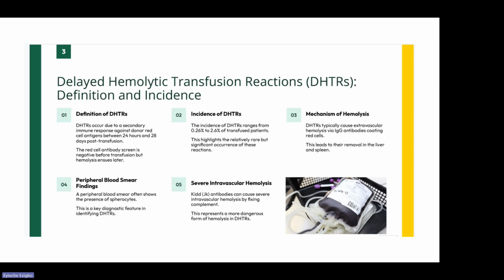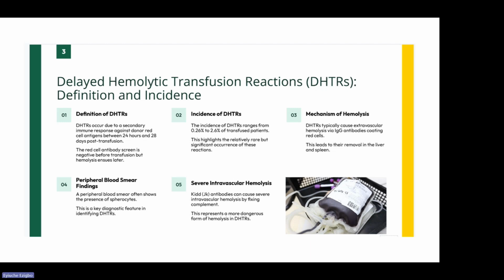Observing the peripheral blood smear will show the presence of spherocytes. It's very diagnostic of delayed hemolytic transfusion reactions, because there's extravascular hemolysis going on.